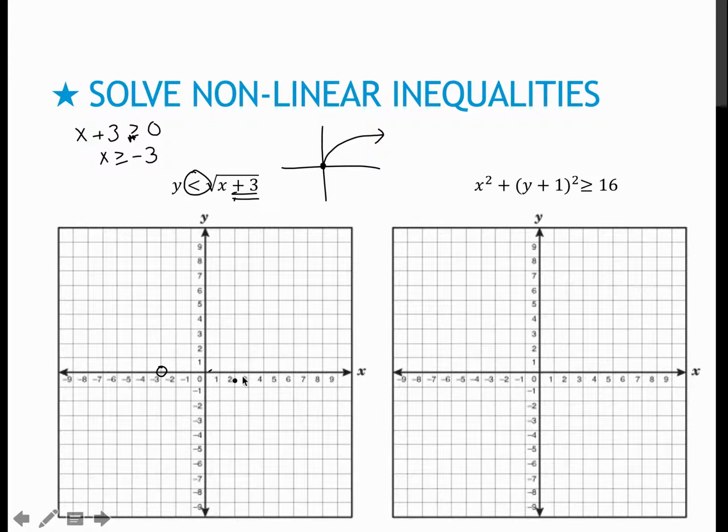Now from here, I just need to find a couple of other points. So obviously I'm going to try to find some points that are nice. So for instance, if I plug in negative 2, negative 2 plus 3 gives me y is less than the square root of 1, which is 1. So if I plugged in negative 2, I got 1 back out.